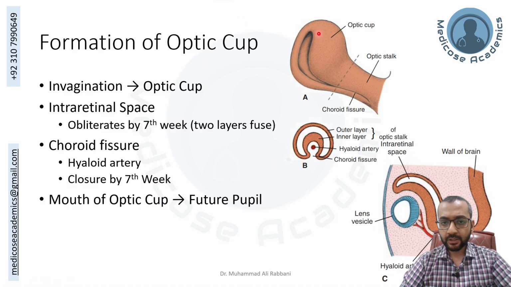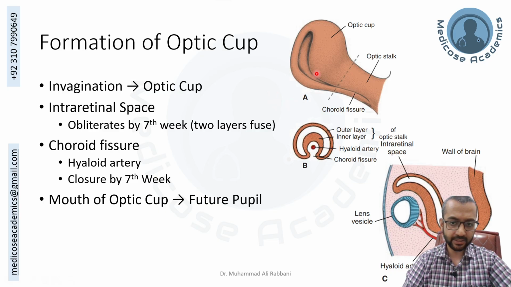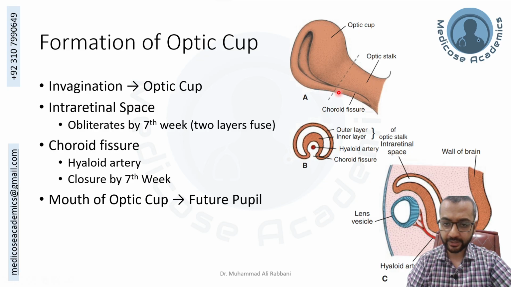The optic cup does not only form by invagination of the cup here, but it also invaginates on the inferior or ventral aspect. This fissure, this opening created by the folding from the inferior aspect, is called the choroid fissure.